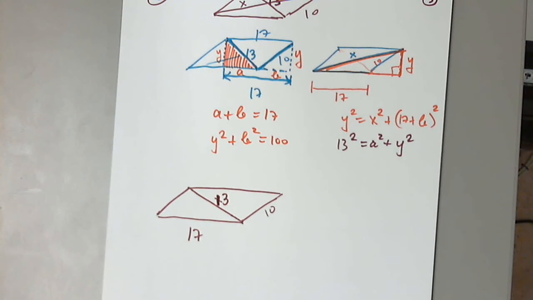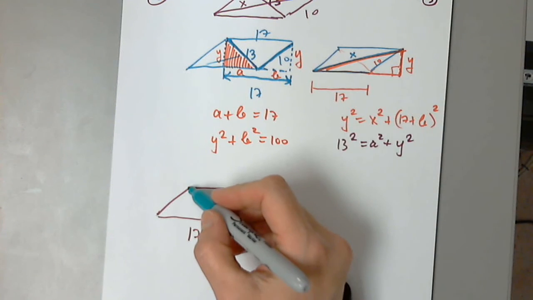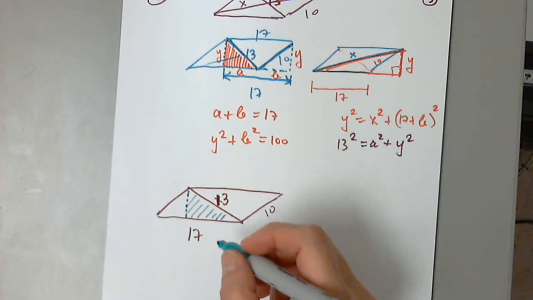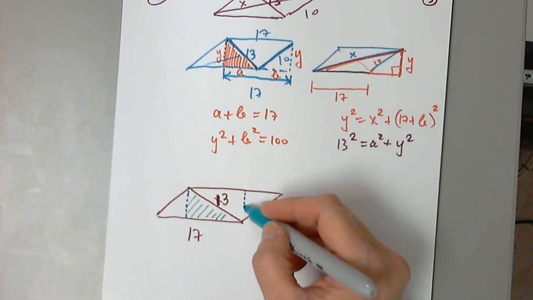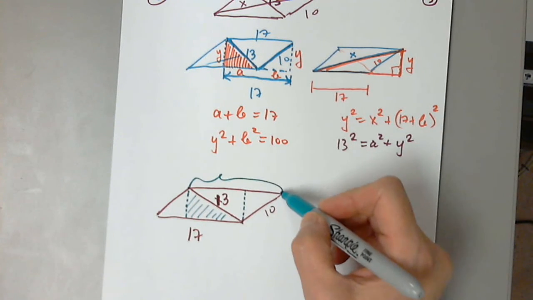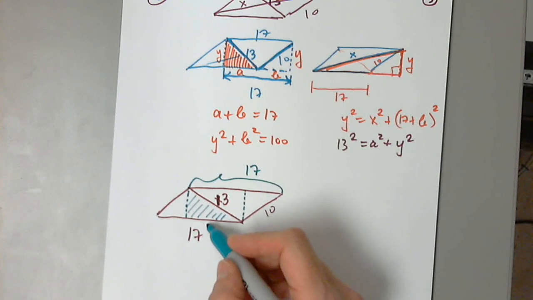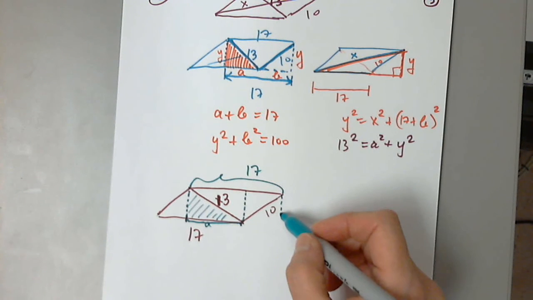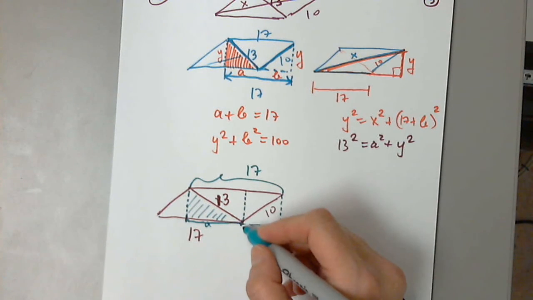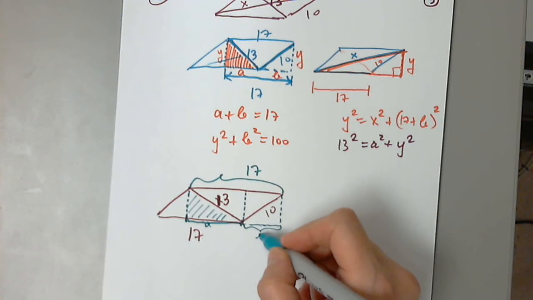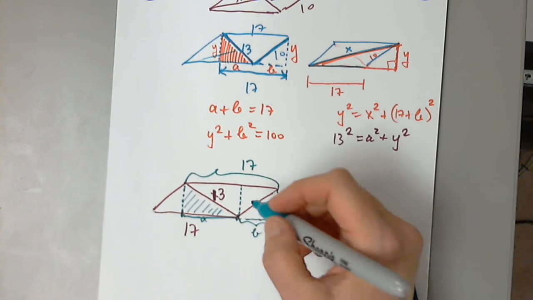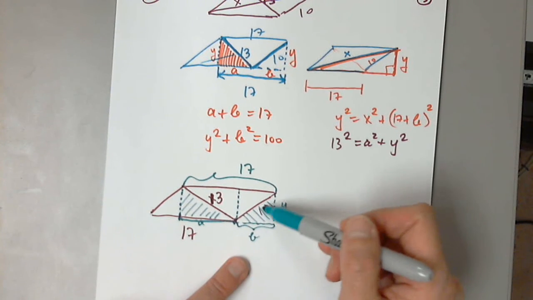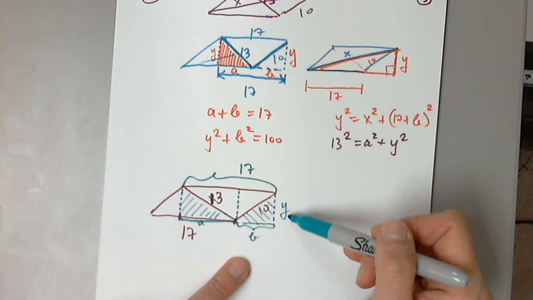So I tried to form some right triangles, and I did form one, and I denoted this piece by A. Then I formed another right triangle, and I called this piece B and this one Y. In this tiny right triangle, I can write that 10 squared equals b squared plus y squared.